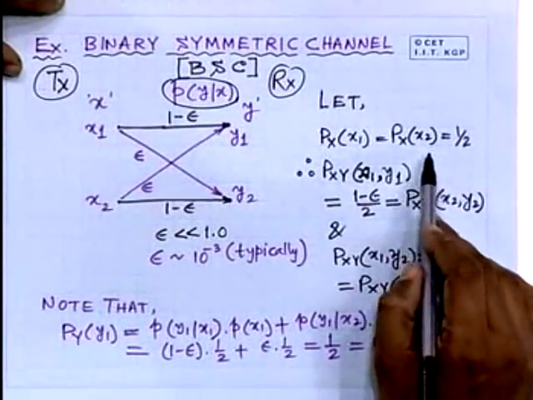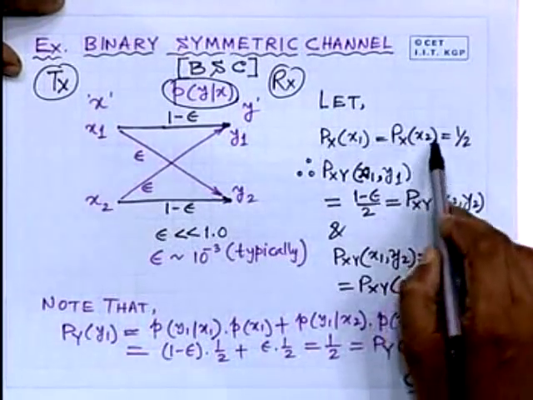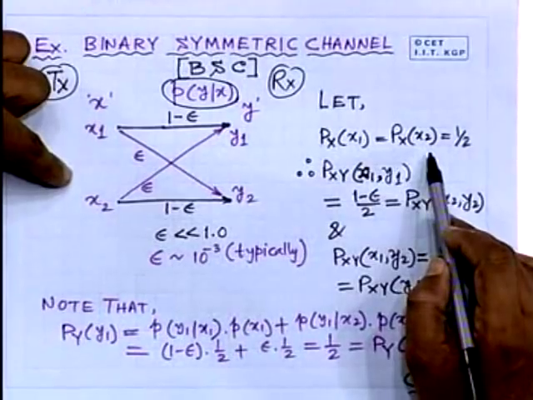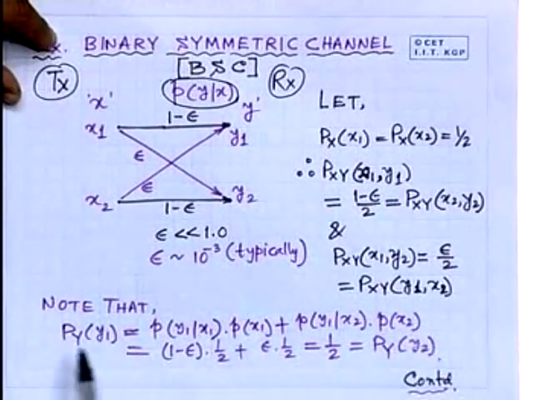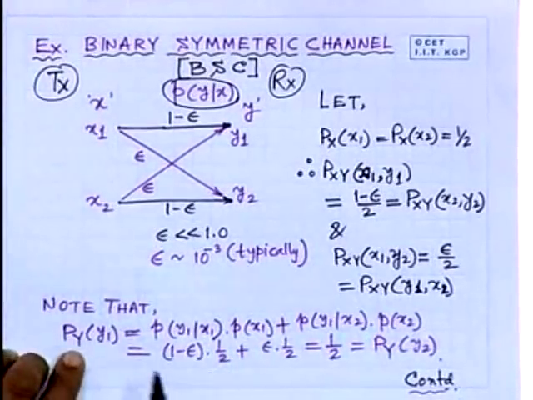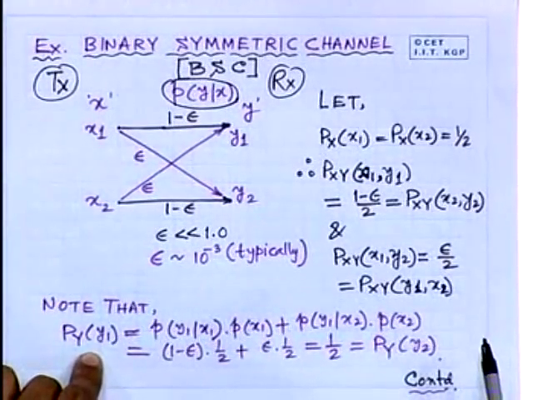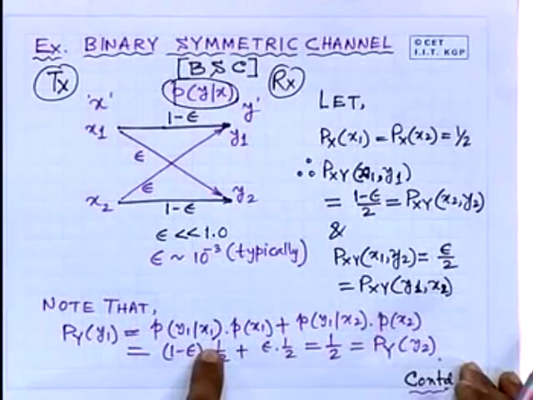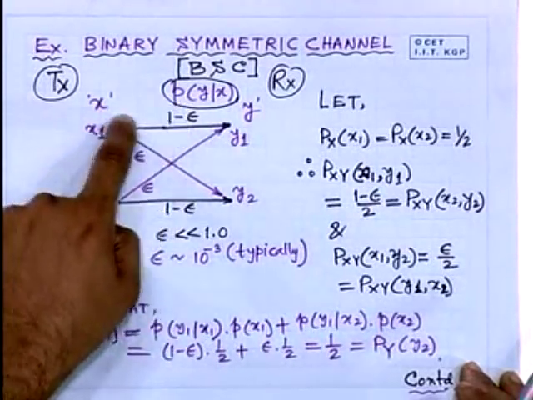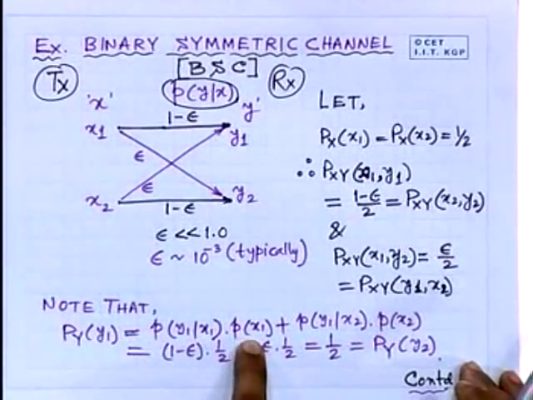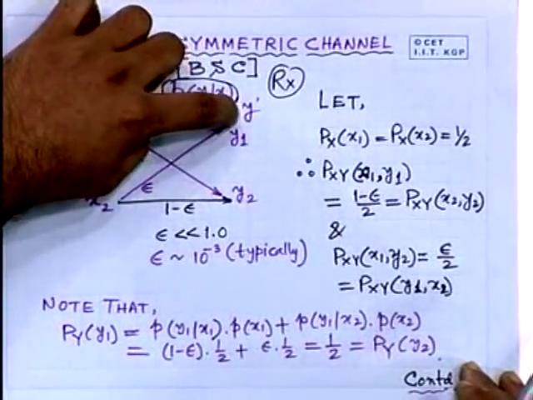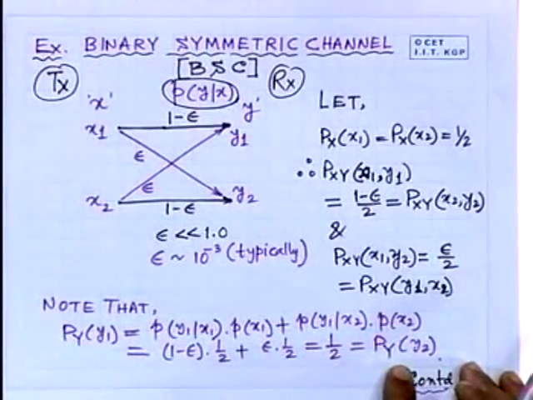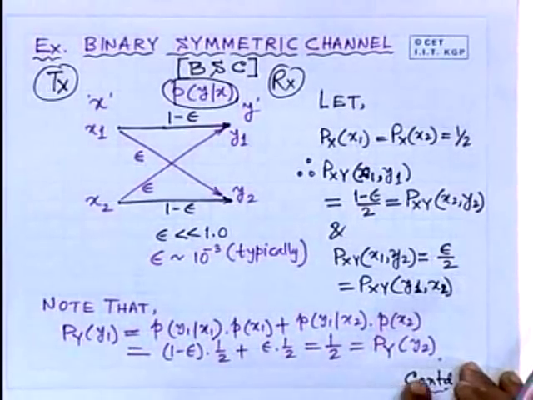I can come out with the joint probability after deciding about the individual probabilities, assuming x1 and x2 are equally likely. I can then find the probability of y1 using the given conditional probability and the probability of x1, and I find that P of y1 is equal to P of y2, which is a half.